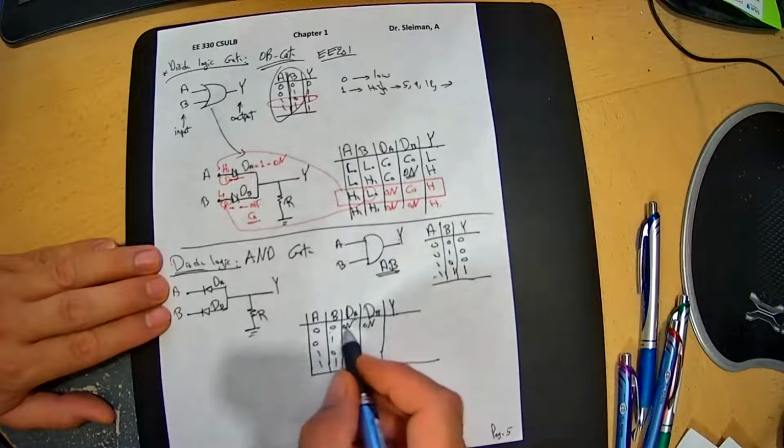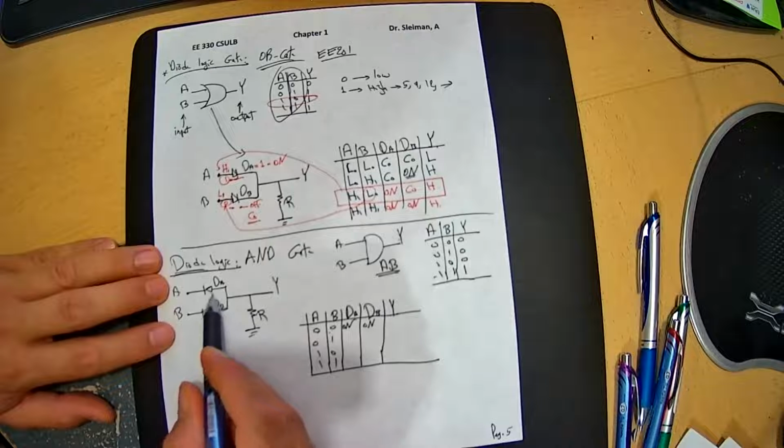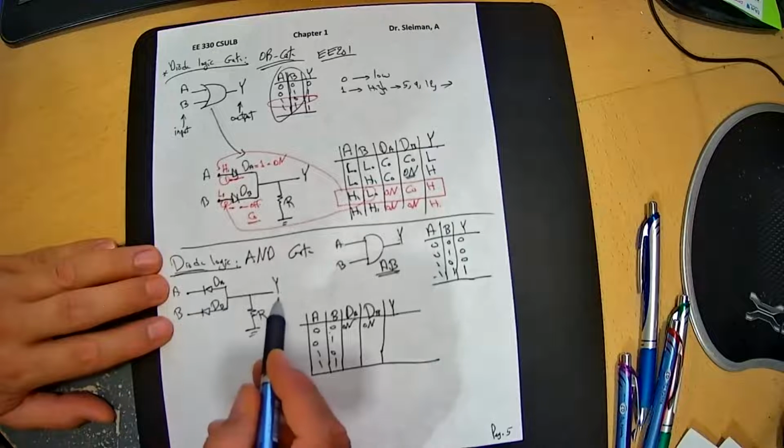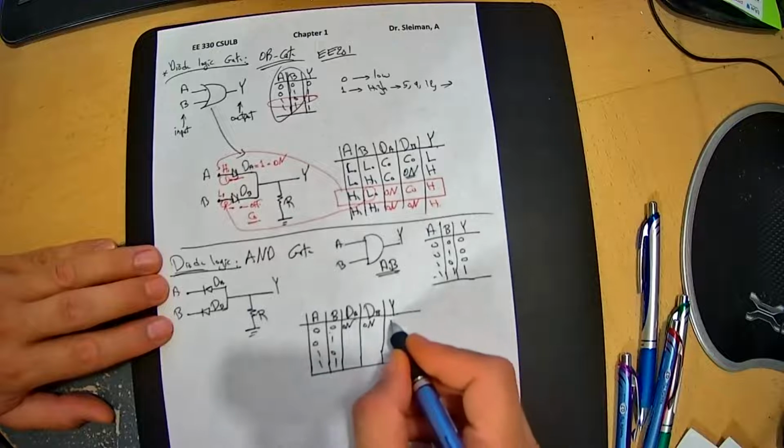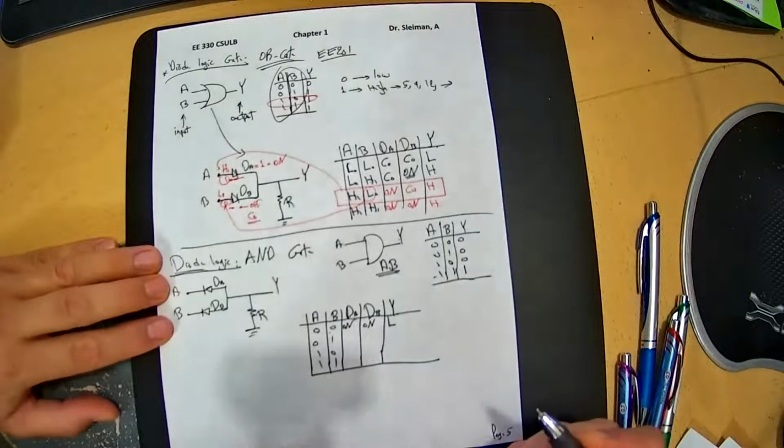Because we're talking about reverse bias, if both are on, it will pass the low to the output.